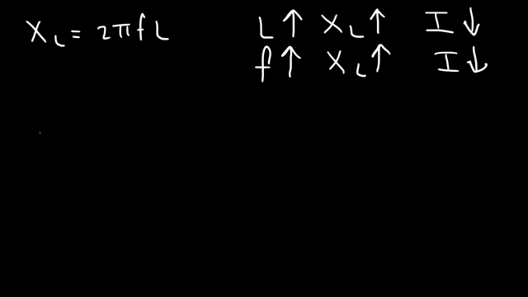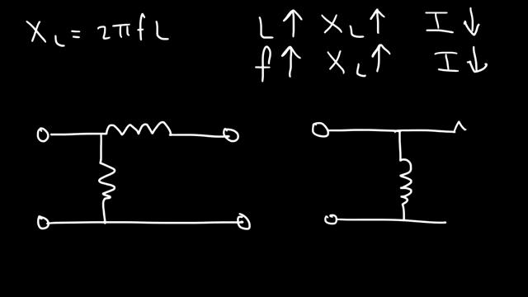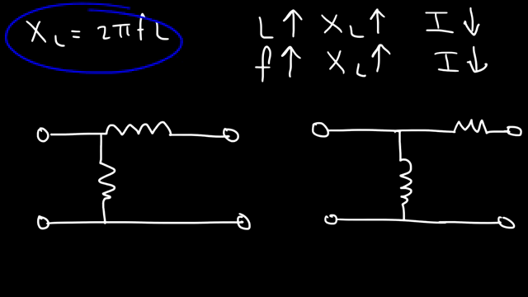You can also use inductors as filters. And here's two simple ways to use it. So let's say we're dealing with this circuit. If you have an AC signal with a low frequency, the inductive reactance will be low.